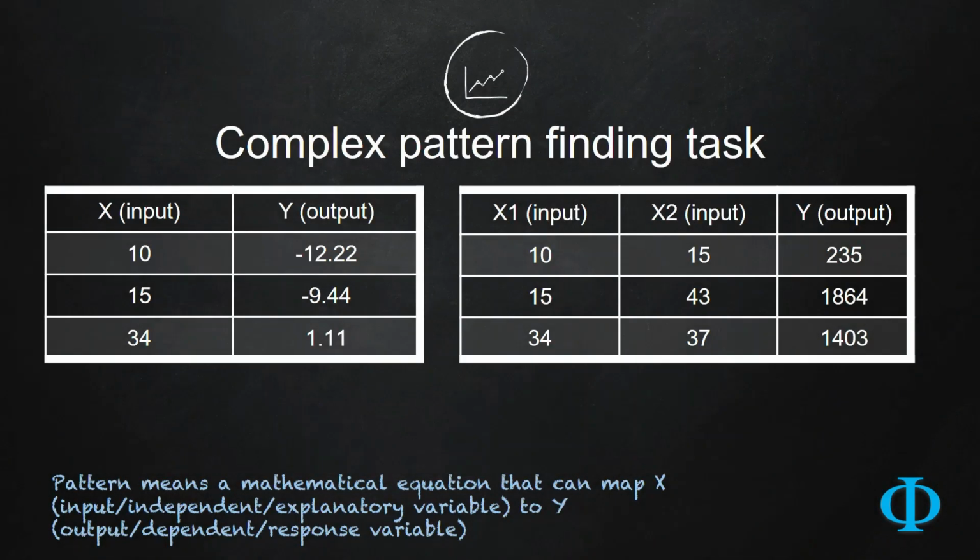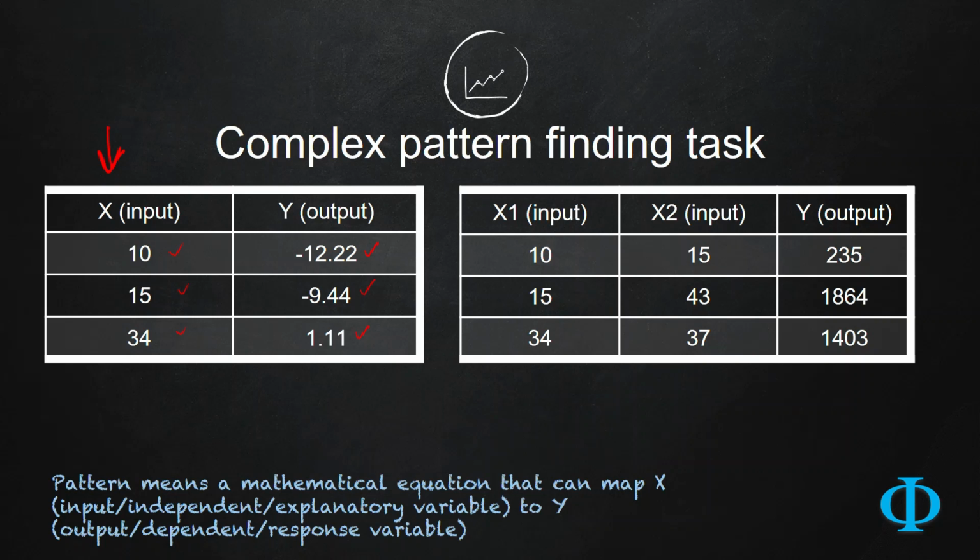How about this data set? A little bit more complex. So let us focus on this left hand side table. Here also I have some values for x like 10, 15 and 34, whereas the corresponding values of y are minus 12.22, minus 9.44 and 1.11. Can you find the pattern in this data set?